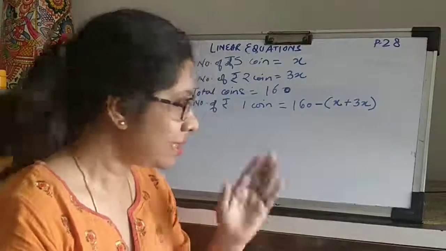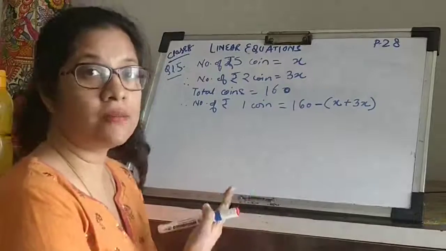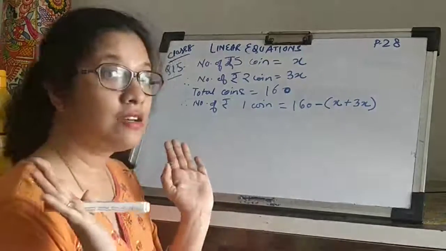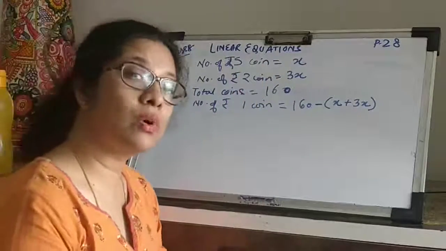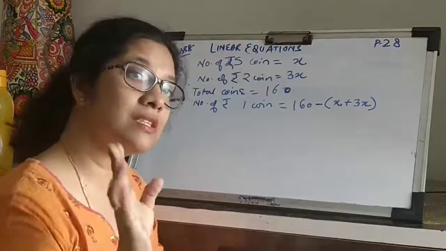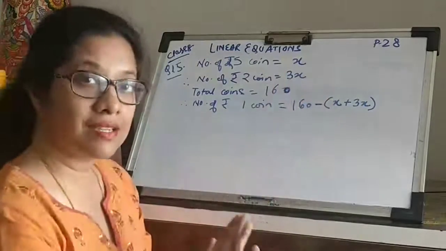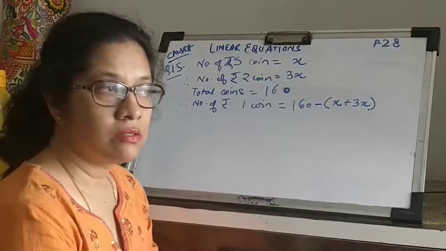Correct? Let's solve it. As I explained, let us assume the independent variable. What is the independent variable? The number of rupee 5 coins, x. Then who is dependent on it? The number of rupee 2 coins. How many? 3 times the number of 5 rupee coins, and hence 3x.